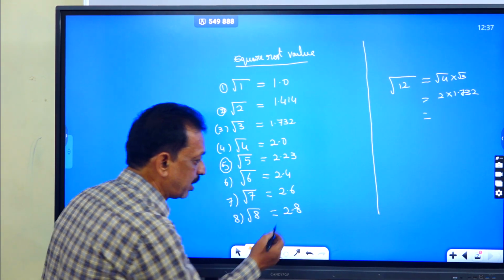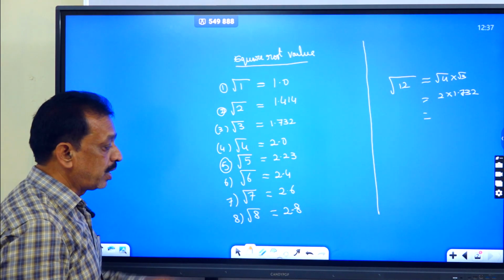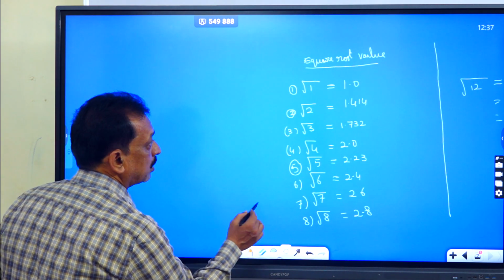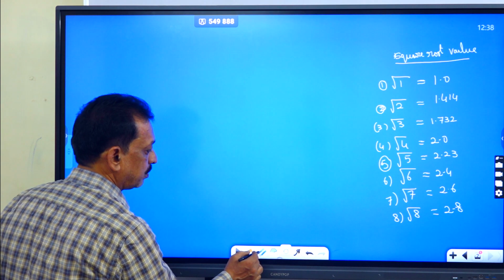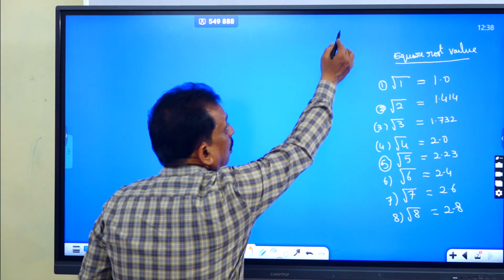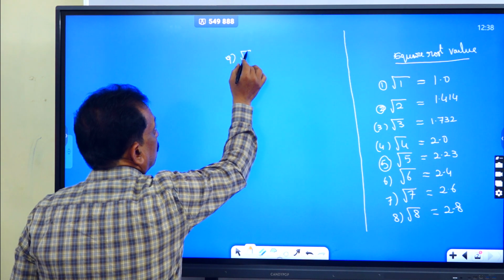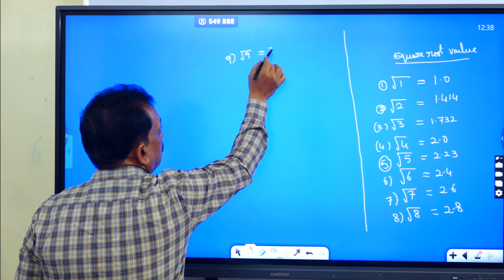2.8. I simplified, I am not writing it out. So root 8 is equal to 2.8, and root 9 is equal to 3.0.